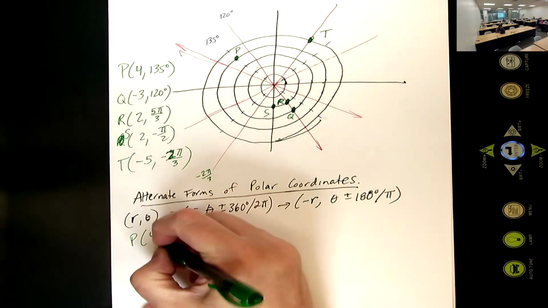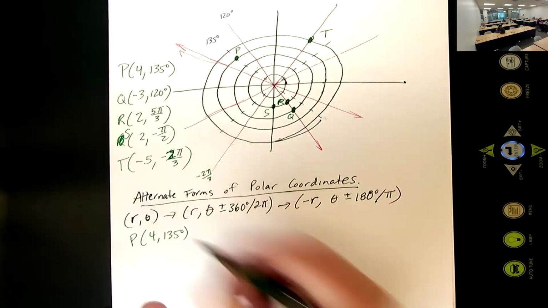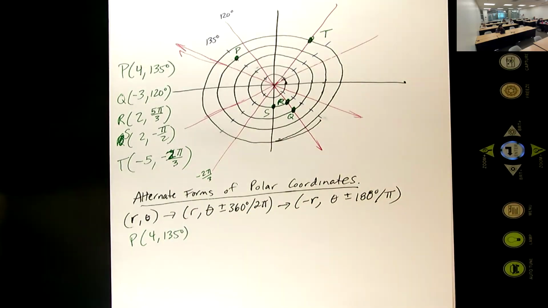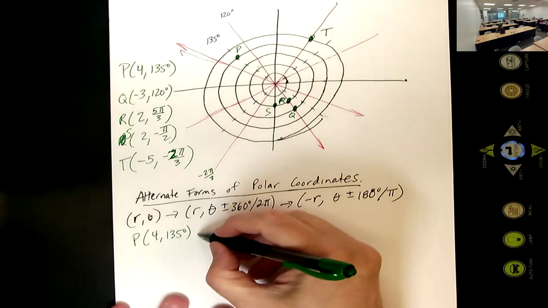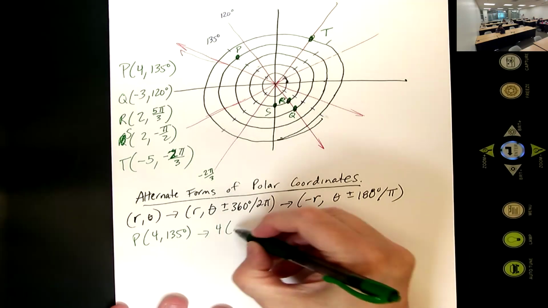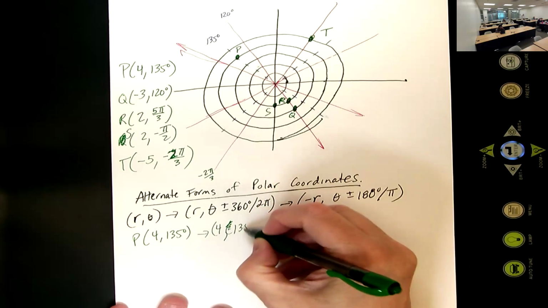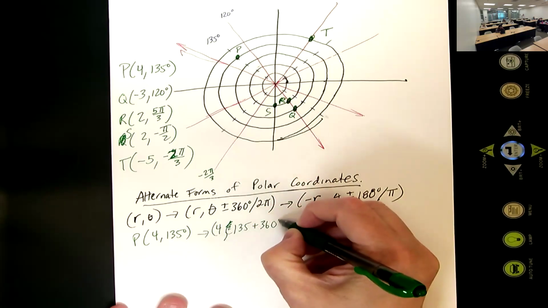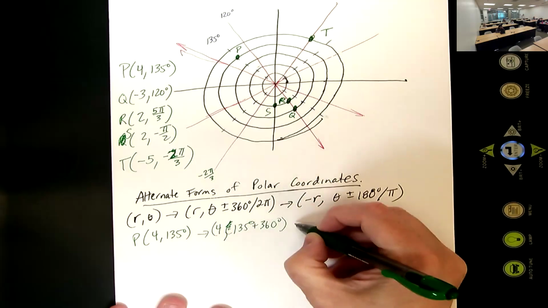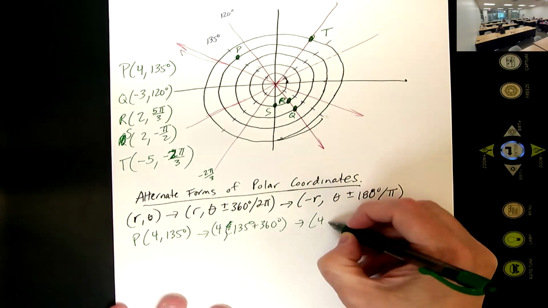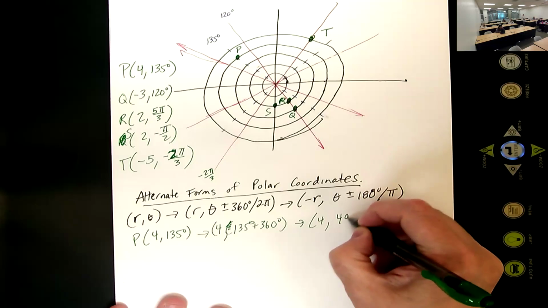P was 4 and 135 degrees. So I could write this as 4 and then 135 plus 360, which is 495.